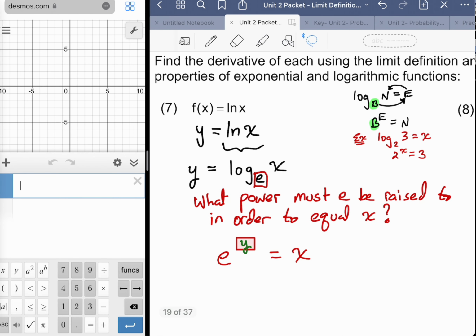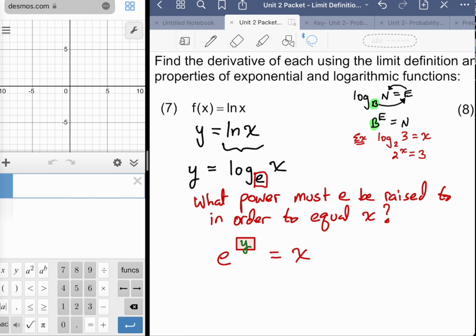For this example that I just came up with off the top of my head, the log form is more advantageous because you can just pop it right into the calculator: log base 2 of 3, get an answer. The exponential form, not so much, because it has a variable trapped in an exponent. But that's just a quick example.